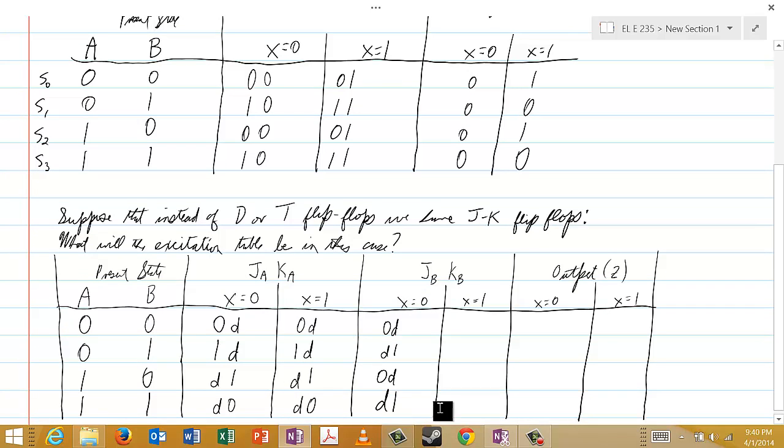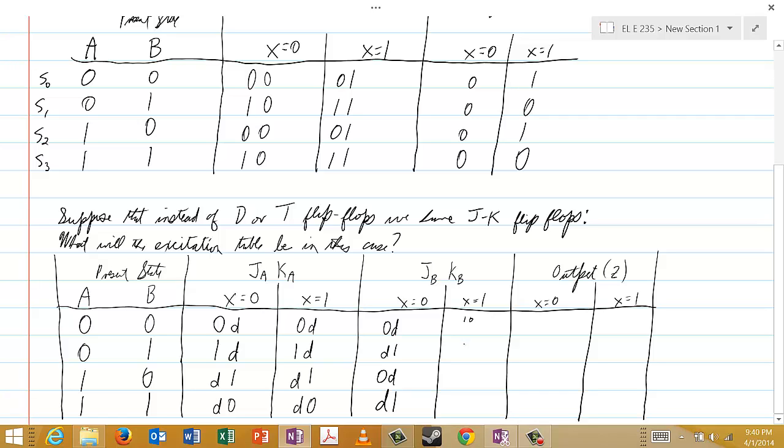And now we're down to the last column here. Notice that in this column, the x equals 1 case, we're looking for the next value of B, which is always equal to 1. And so definitely one possibility for JB and KB would be 1, 0.